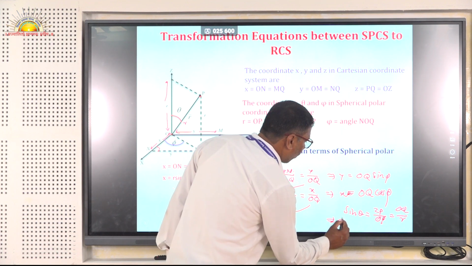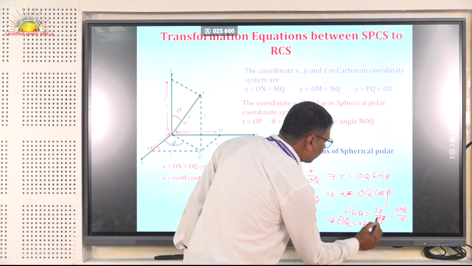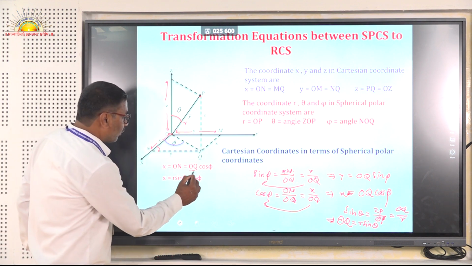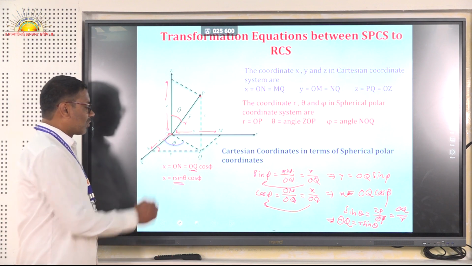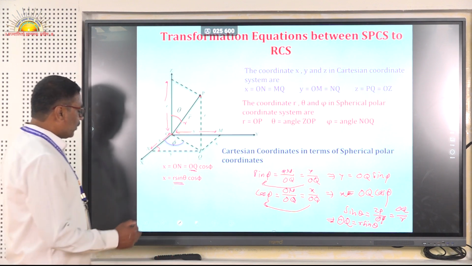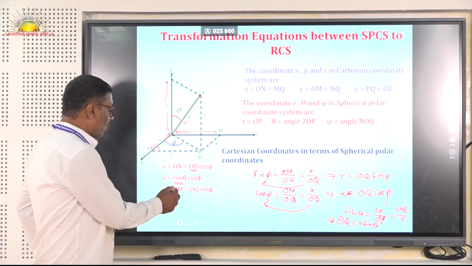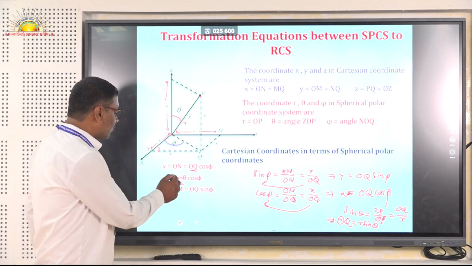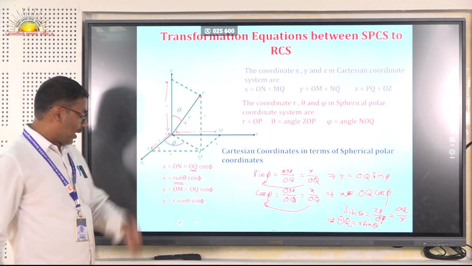This implies OQ is equal to r sine theta. So the first coordinate x is equal to r sine theta cos phi. Similarly, the second coordinate y is OQ sine phi, and OQ is r sine theta. Therefore y is equal to r sine theta sine phi.